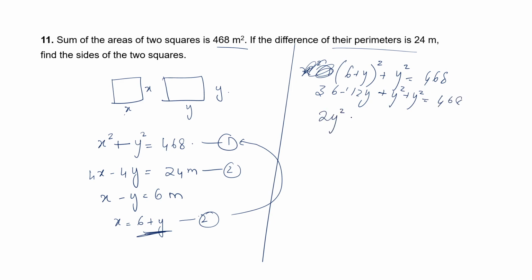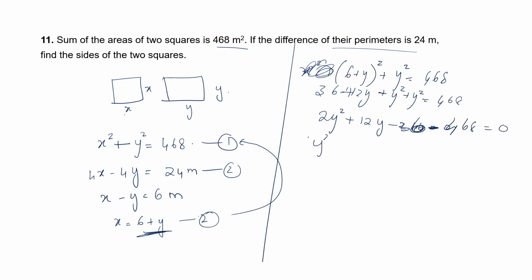2y square. It is not required to be in x only, so it can be in any variable. Here we are getting 2y square plus 12y plus 36 minus 468 equal to 0, like this you will get.